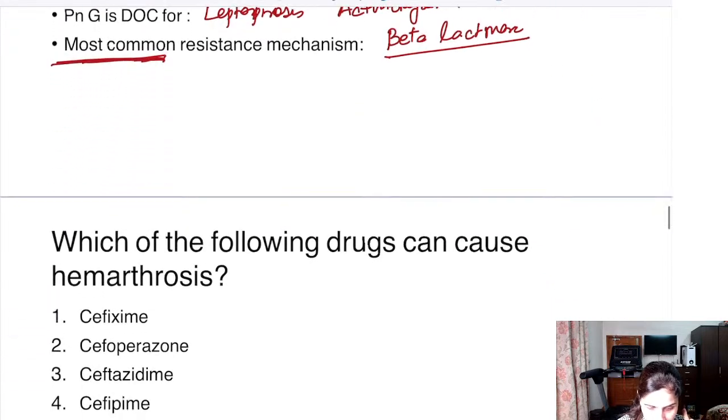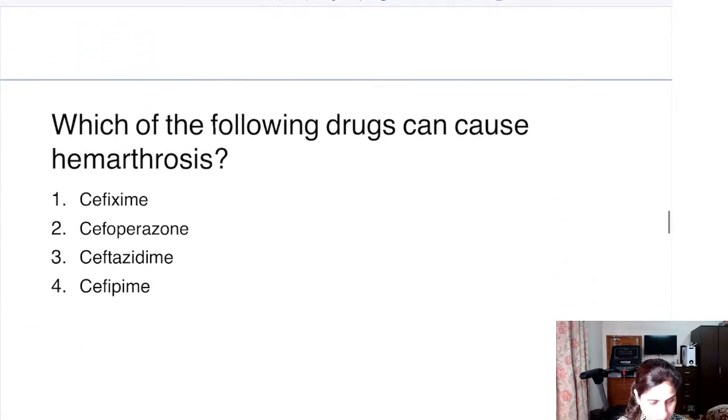Right. Now coming to the next one, let's go on to your cephalosporins. Which of the following drugs can cause hemarthrosis? Cefixime, cefoperazone, ceftazidime and cefepime.